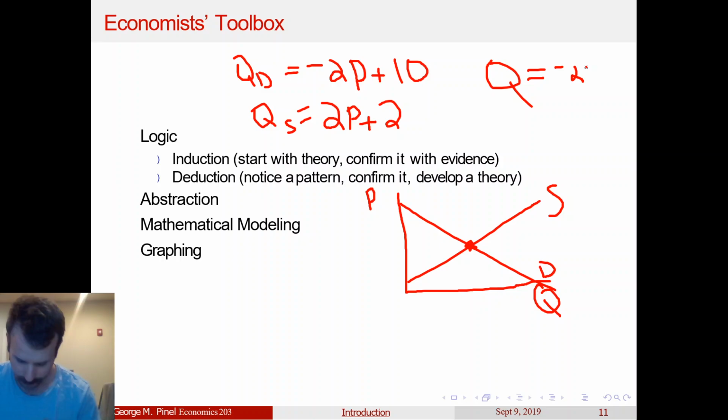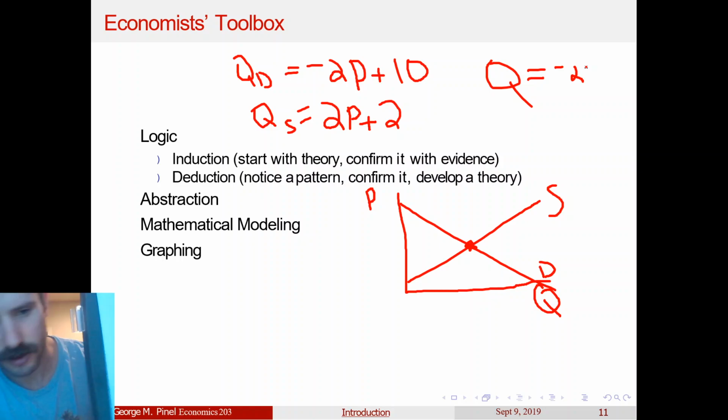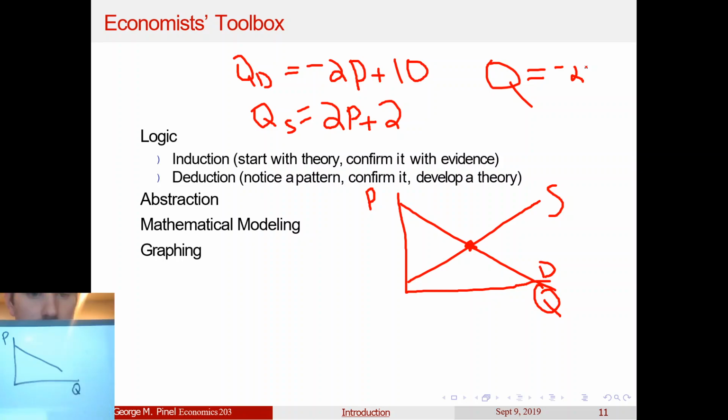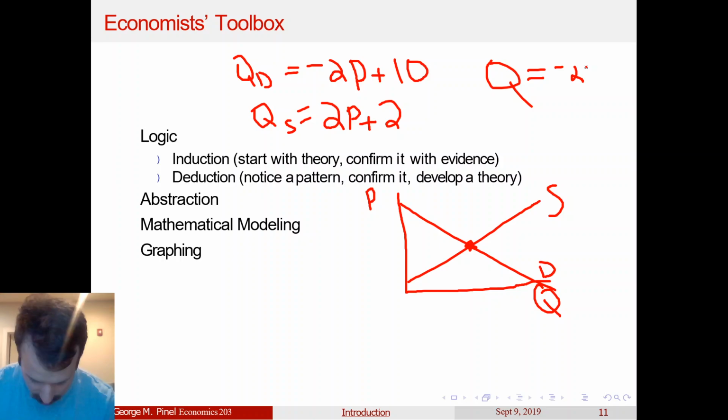Okay, so this is a downward sloping curve. What goes on the y-axis is your price. What goes on the x-axis is your quantity. The downward sloping one is demand. I'm going to say quantity demanded equals negative 2P plus 10.